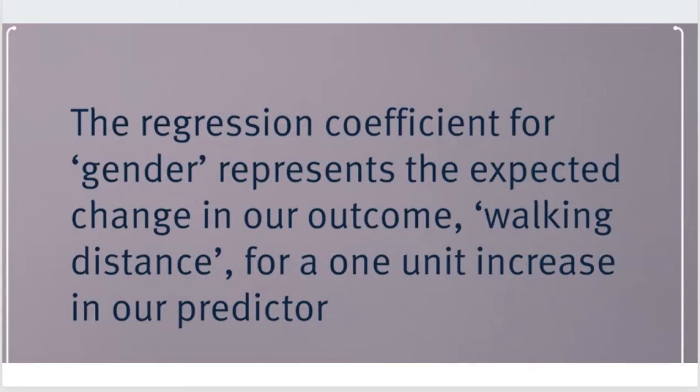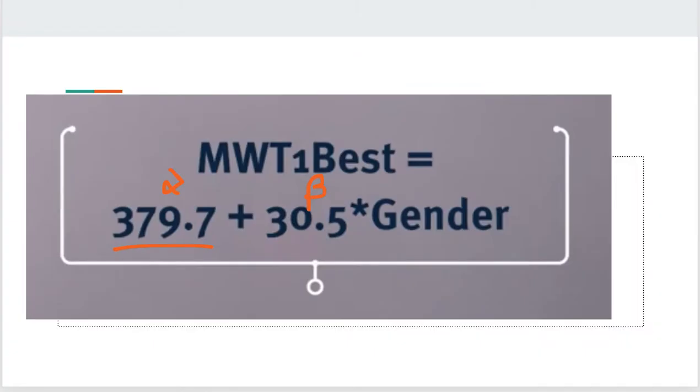The regression coefficient for gender represents the expected change in our outcome, walking distance, for a 1 unit increase in our predictor. And then look back at this example. When the gender equals 0, that means this is the female, and the walking distance equals the alpha. When the gender increases by 1 unit and equals 1, that means it's the male.